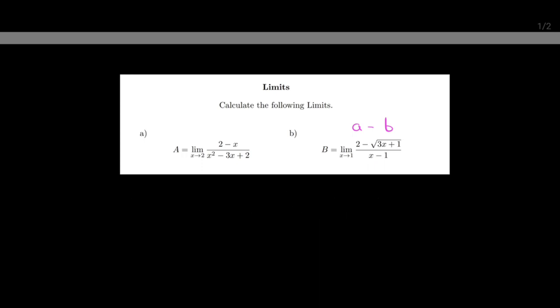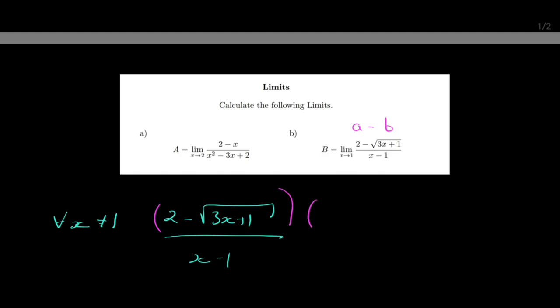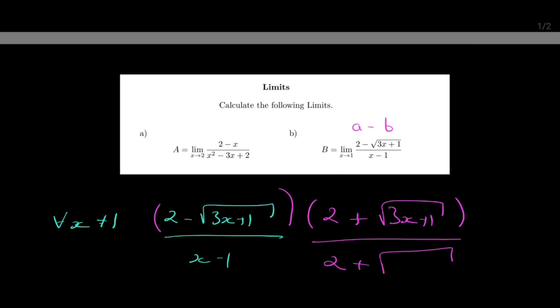So for all x different from 1, we got 2 minus square root of 3x plus 1 over x minus 1. We have just to multiply by the complement to 2 minus square root of 3x plus 1, which is 2 plus, this time, square root of 3x plus 1 over the same thing, because we want to multiply by 1 to not change the equation.